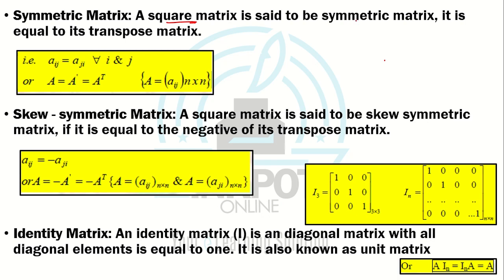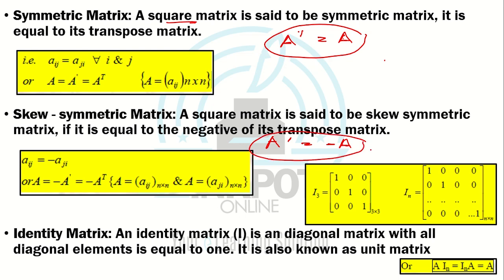Now we come to a symmetric matrix. Again, for a symmetric matrix, you are starting from a square matrix, and any square matrix is said to be a symmetric matrix if it is equal to its transpose. So if A transpose is equal to A, then what you have is a symmetric matrix. On the other hand, for a skew symmetric matrix, if your transpose is equal to negative of A, or the negative of the matrix, then you have a skew symmetric matrix.